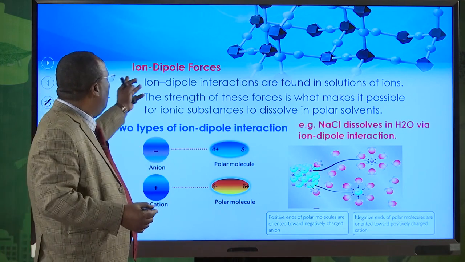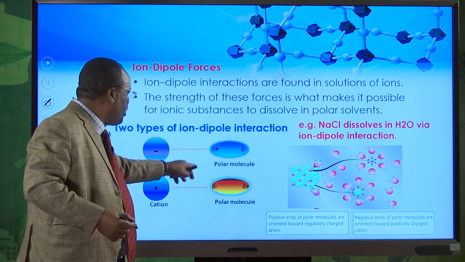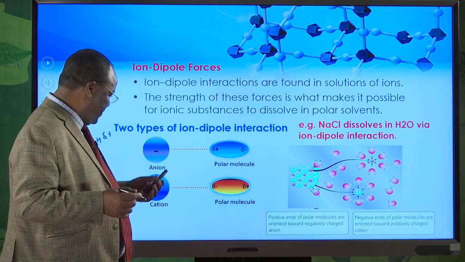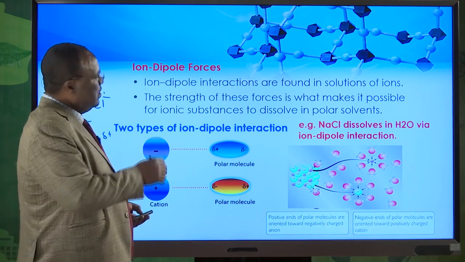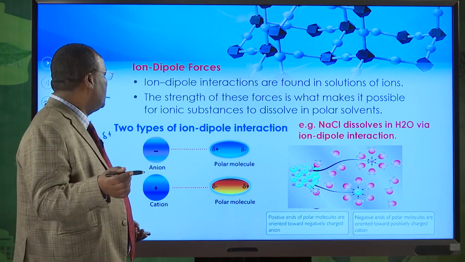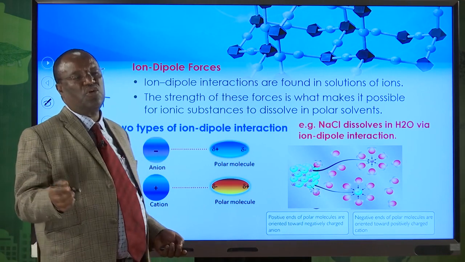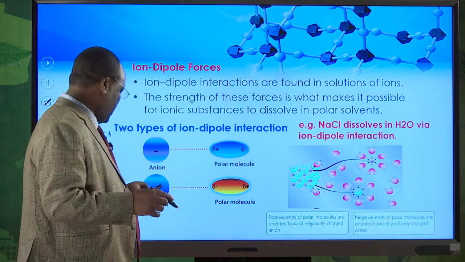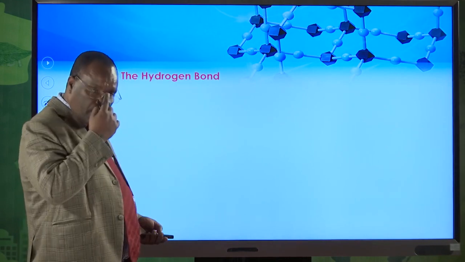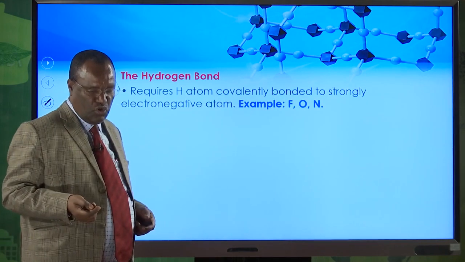So these ion-dipole interactions make some ionic compounds dissolve in water. Some ionic compounds, just like sodium chloride, can be dissolved in polar molecules because of interaction between ions and dipoles. What is the hydrogen bond?